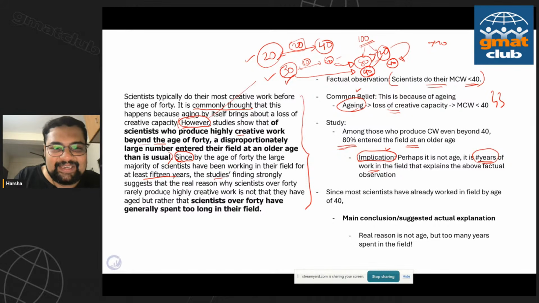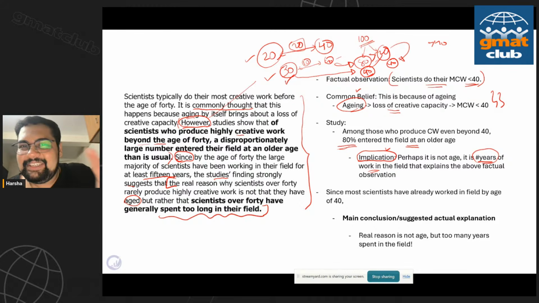The study's findings strongly suggest that the real reason why scientists over 40 rarely produce highly creative work is not the age factor, but the fact that they've spent way too long in their field. They didn't join at 35, they joined as 20-year-olds and they've been doing this for too long.